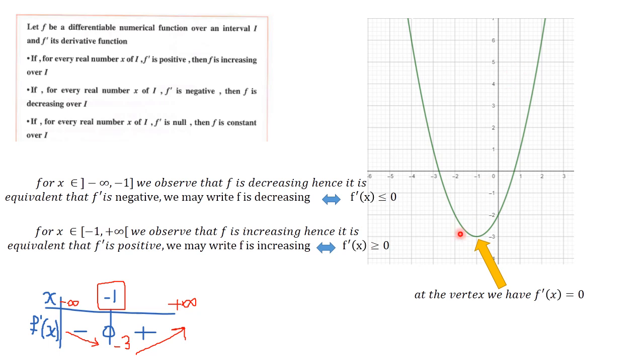Later on I will teach you how to find the root, and it's (minus 1, minus 3). The derivative between minus infinity and minus 1 is negative, so the function is decreasing. And between minus 1 and plus infinity, the derivative is positive and the function is increasing.